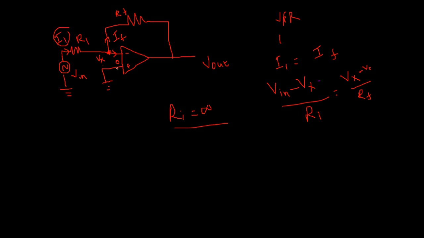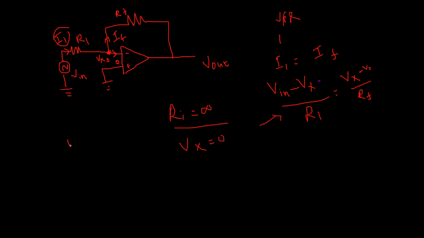Here the non-inverting terminal is grounded, so there is no voltage at this non-inverting terminal. It is 0. We have assumed a virtual short, so the same voltage appears at this node, so Vx will be 0. Apply Vx equal to 0 to this equation.